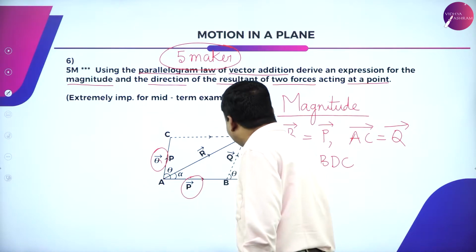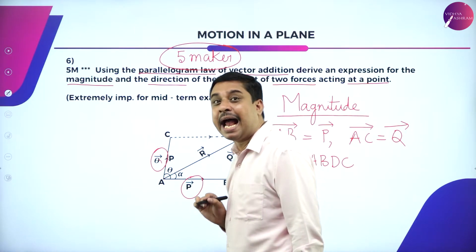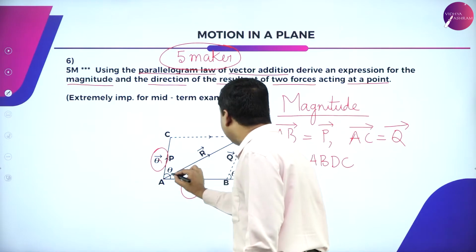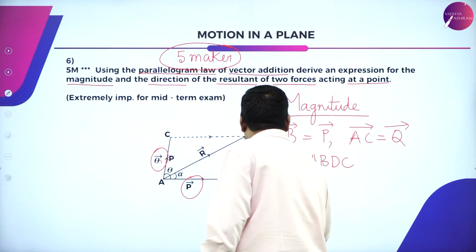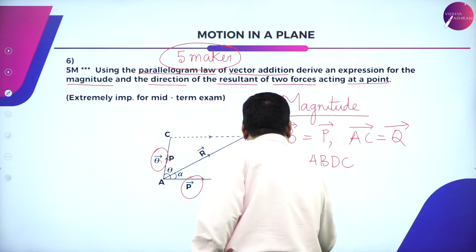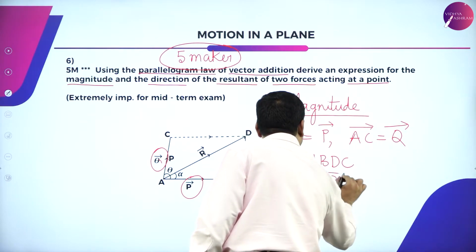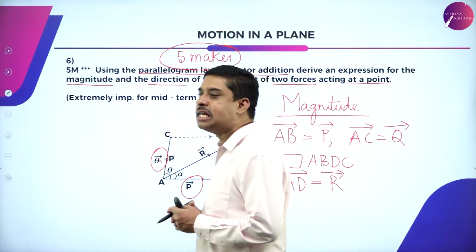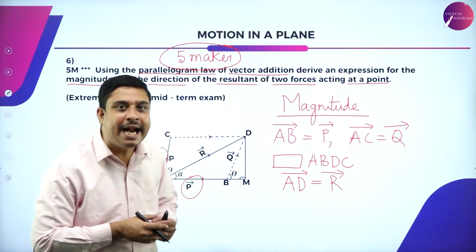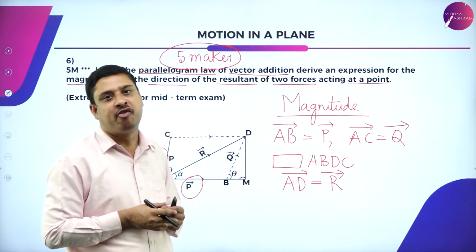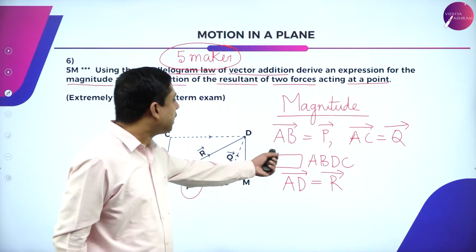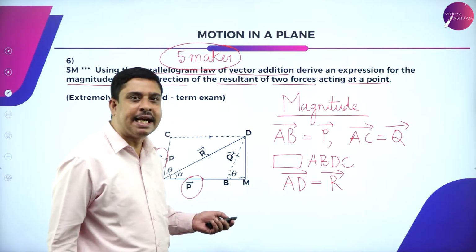So vector AD, the diagonal of the parallelogram, is equal to vector R. And vector R is the resultant of the two forces. So these are my initial considerations.